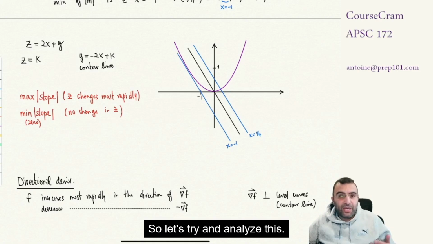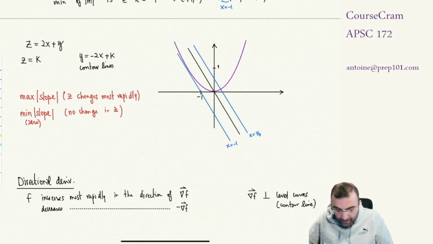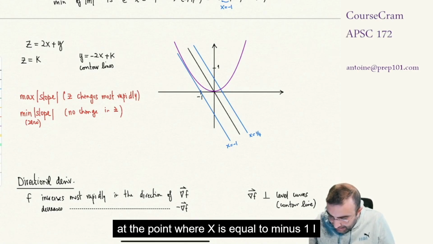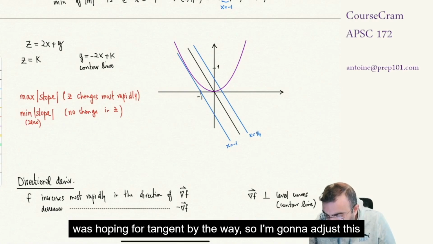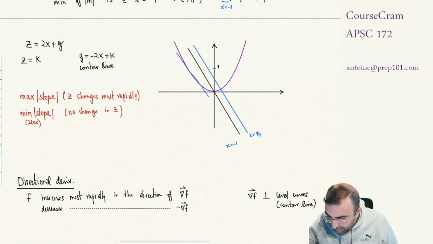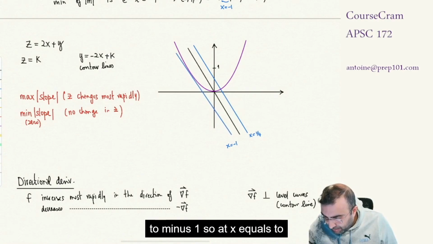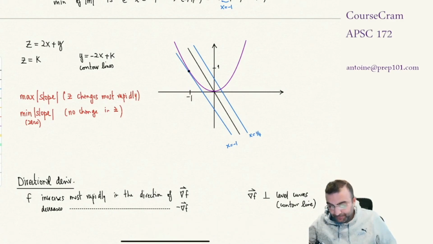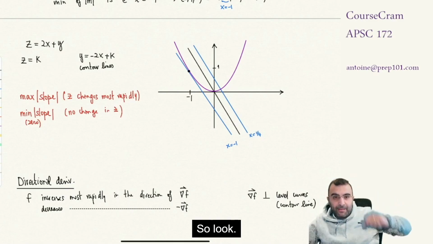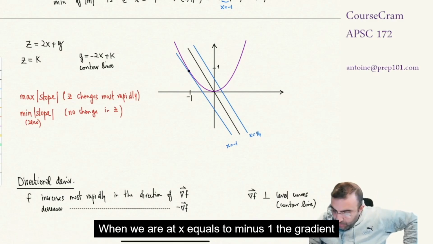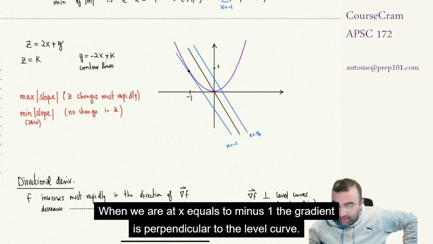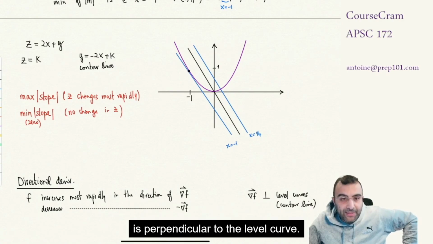So let's try and analyze this. Here, at the point where x is equal to -1, I was hoping for a tangent, by the way, so I'm going to adjust this line a little bit. I'm hoping to get tangent at x equals -1. So look, when we are at x equals -1, the gradient is perpendicular to the level curve.